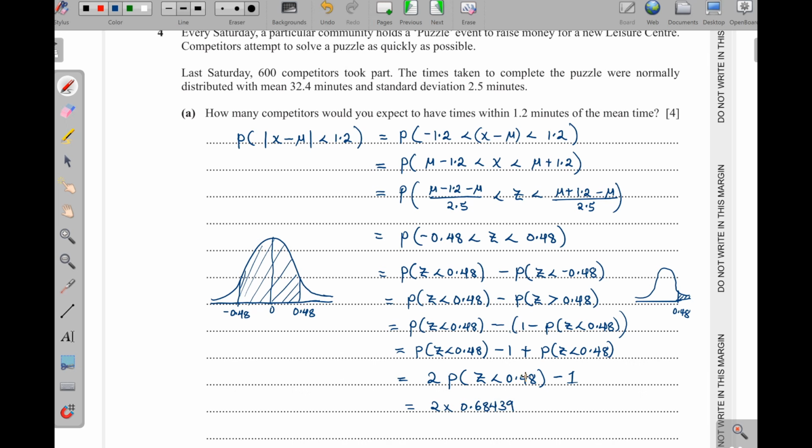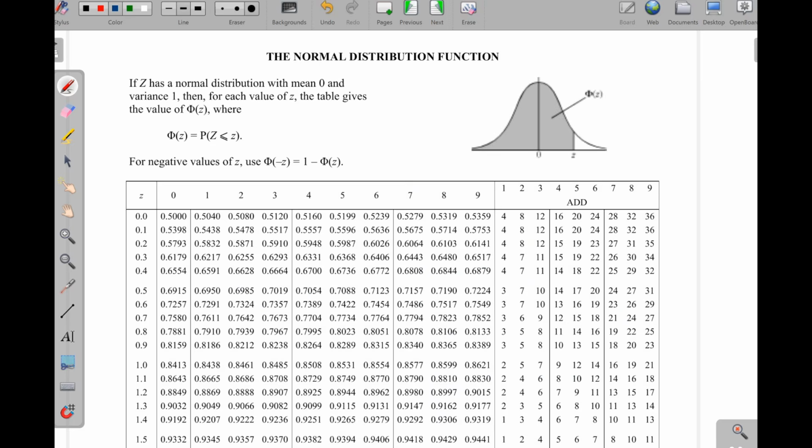2 times 0.68439. If you read from the table, this one will give you 4 decimal places. In the table, they give you up to 4 decimal places, so it will be like 6844. Then minus 1. Let's check what we get from the table. So from the table here, we are supposed to look for 0.4, then 8, which 8 is here.